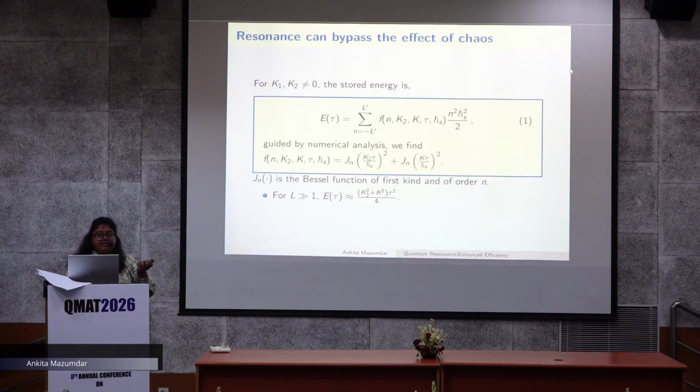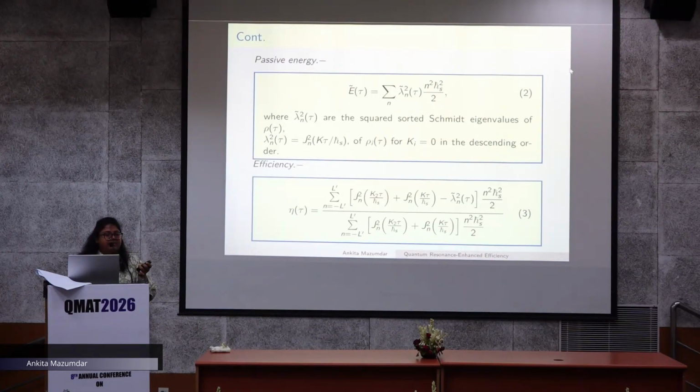You can see it depends upon k2 as well, where k2 is the kick strength of the rotor, and to make the system chaotic we have to consider k2 much greater than 1. But conversely, the passive state energy depends only upon the interaction strength.